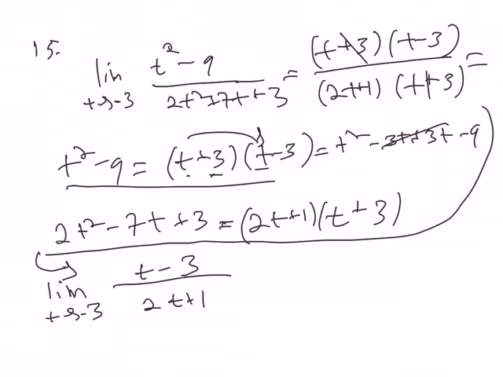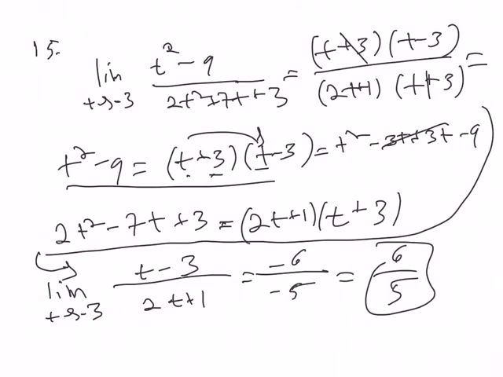Let us plug in the negative 3. So this becomes negative 6 over negative 6 plus 1, so negative 5, which is equal to 6 over 5. So the limit is 6 over 5. Okay, next problem.